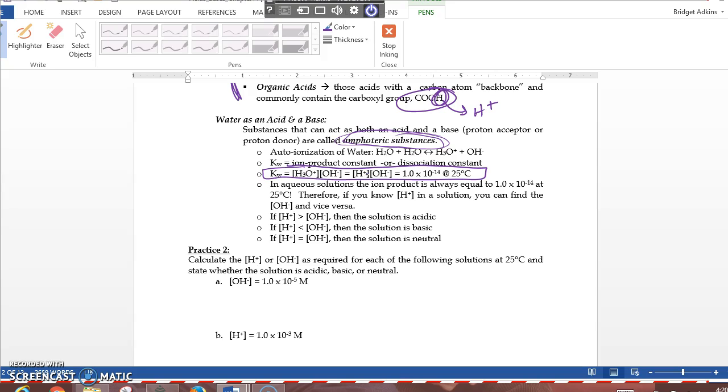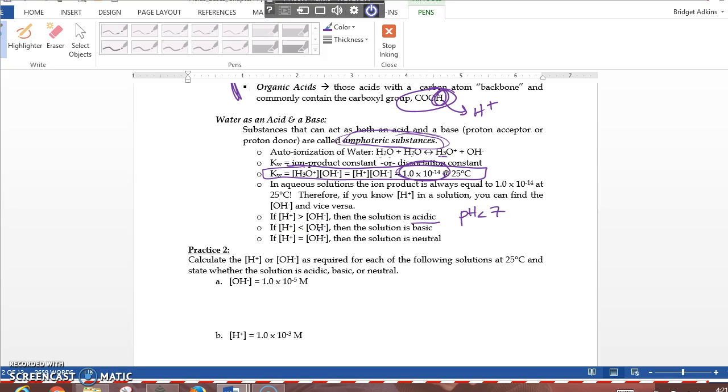In Kw, assuming that these are both pure liquids, it would just be the H3O plus concentration times the OH minus concentration equals this constant value. And this is where the pH scale comes from. You'll see 14, and that's not a coincidence. So if you're looking at a balance, if H plus is greater than OH minus, then we know it's going to be acidic and the pH will be less than 7.